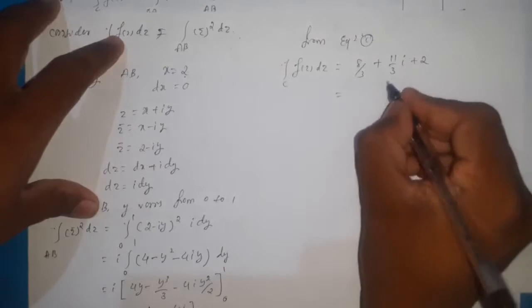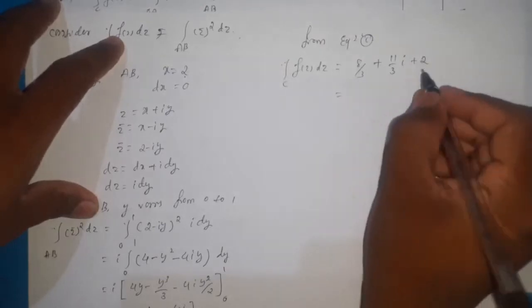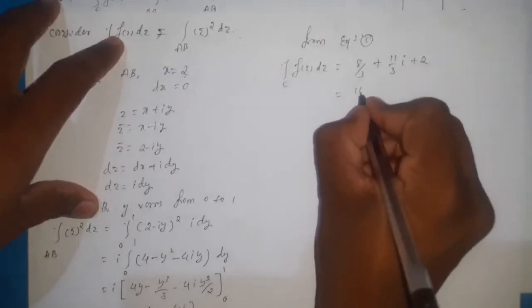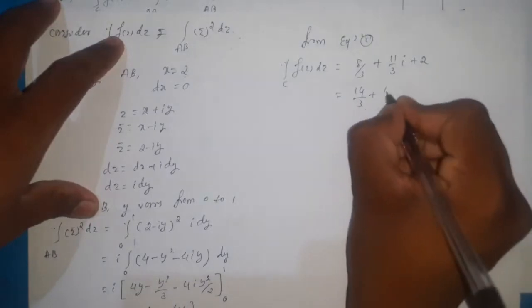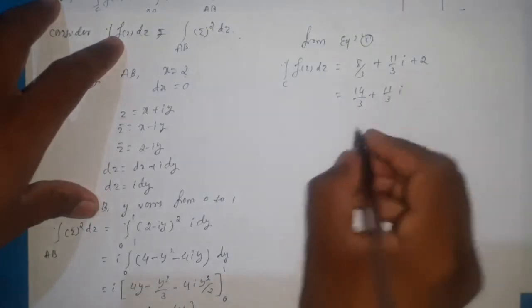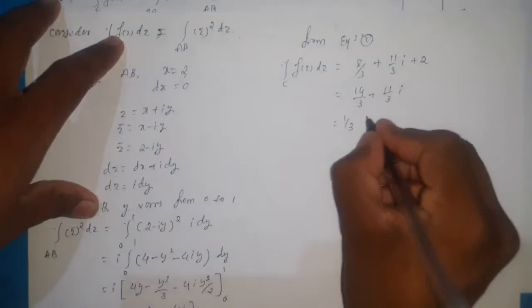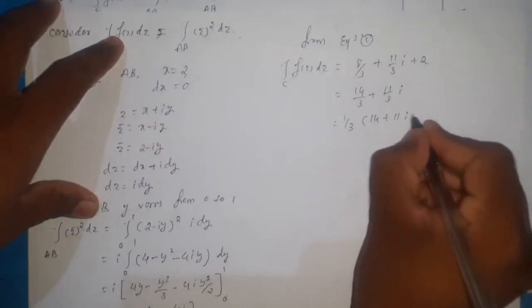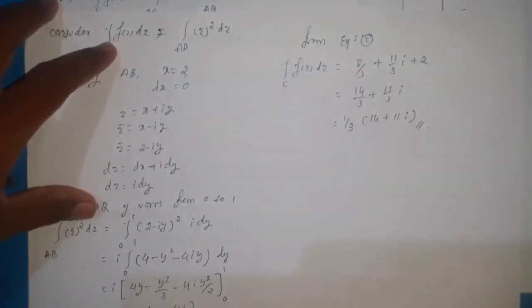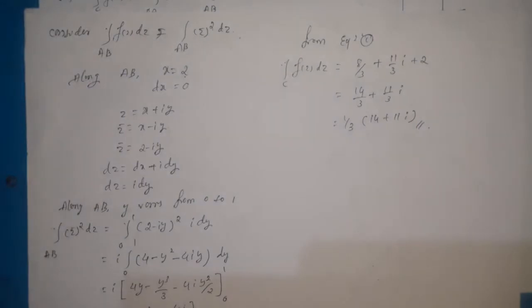So here 8 by 3 plus 2 becomes 14 by 3 plus 11 by 3 i, or it is equal to 1 by 3 into (14 plus 11i), which is the value of the given integral.